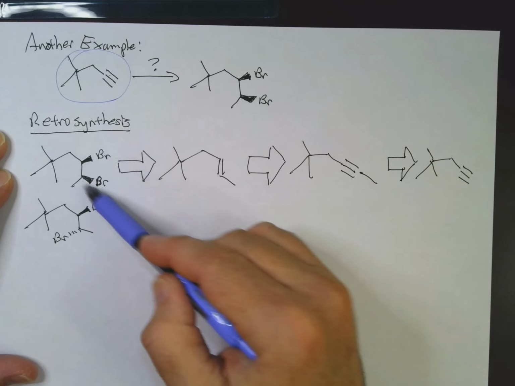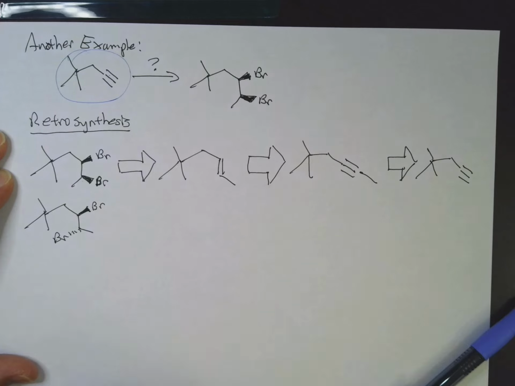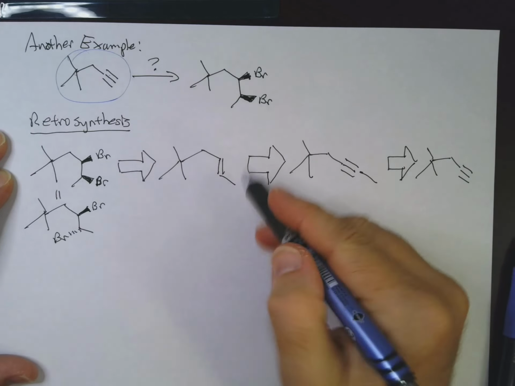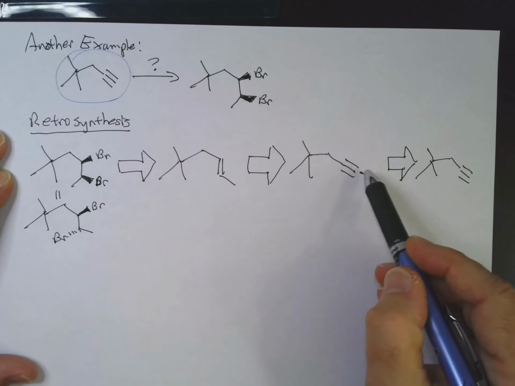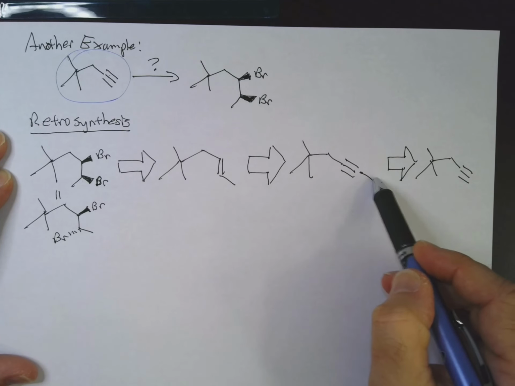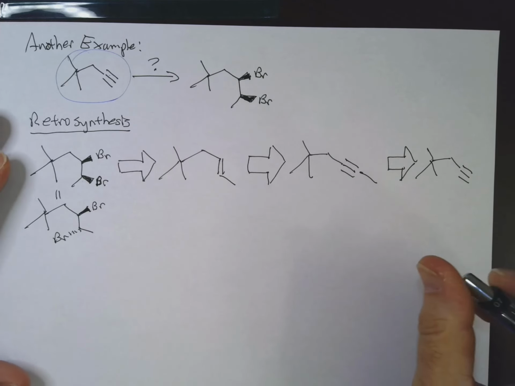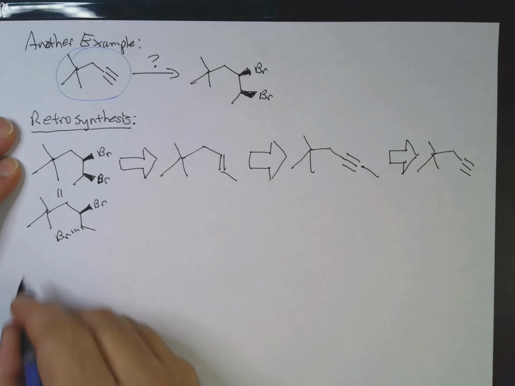So I thought about how do I make this, or rather this guy here. They're the same thing. I'll write equals here. Well, I can do it from the alkene. Oh, I can make an alkene from an alkyne, and I can make a carbon-carbon bond from an alkyne. So I know how to do that. All right, so that's the retrosynthesis.